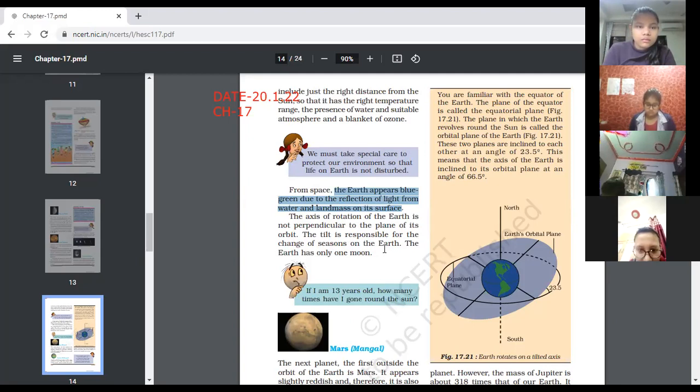What's the reason behind it? The tilt is responsible. The Earth's axis of rotation is not perpendicular, it is tilted. So that tilt is responsible for the change of seasons on the Earth. So kindly children underline, and the rest of the planets we'll discuss tomorrow.